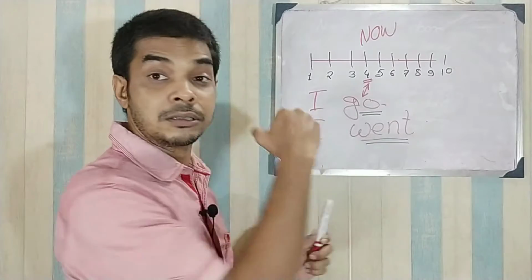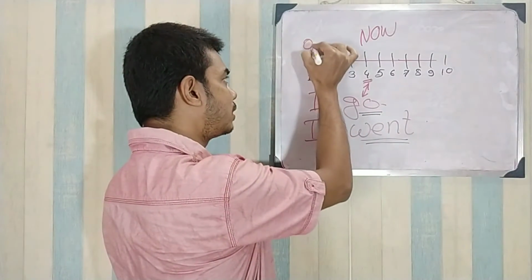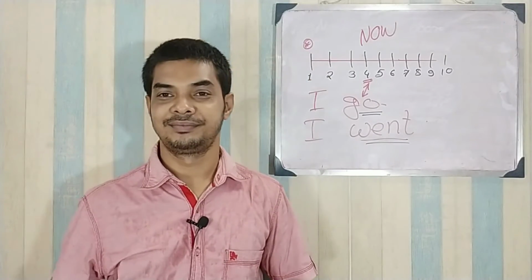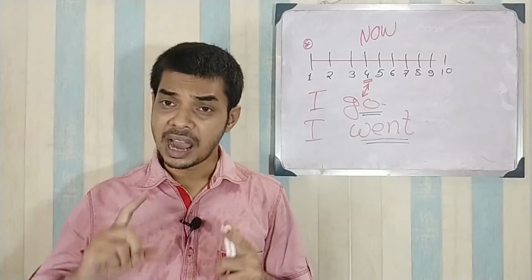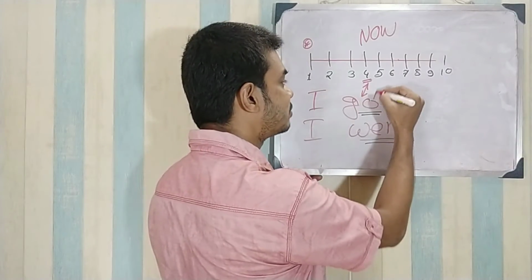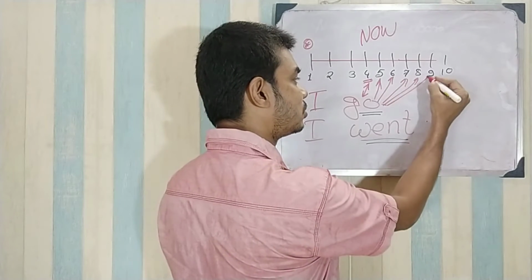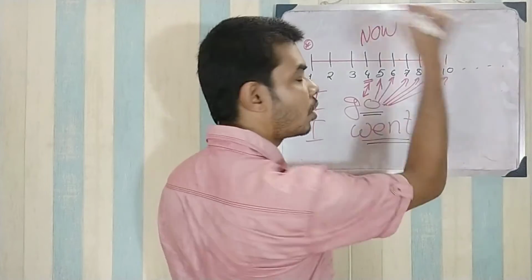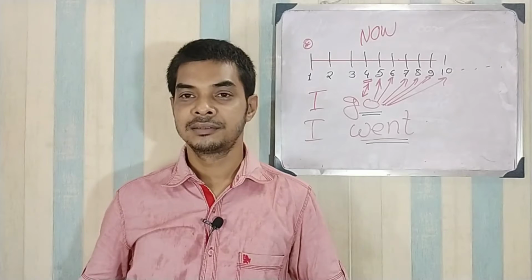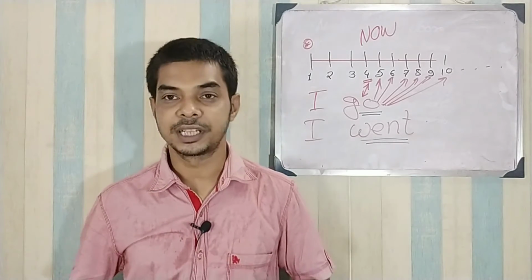If the verb falls quite before this point, suppose on 1, you'll say I went. And if this action comes in 5, 6, 7, 8, 9, 10 and so on, and if it's known to you, you'll say it's in simple present because there's a chance of repetition.